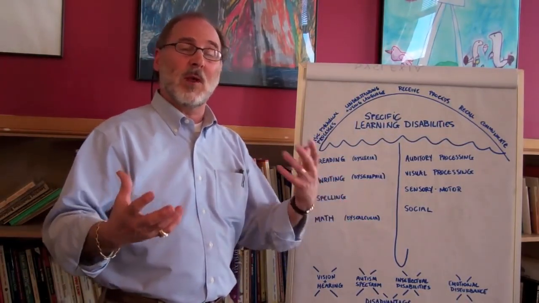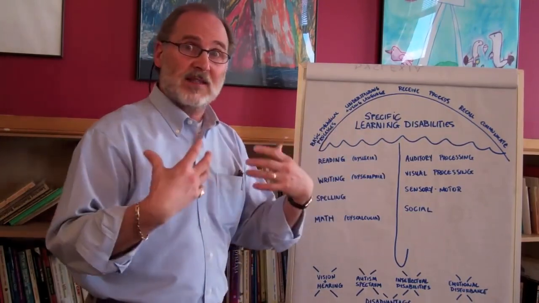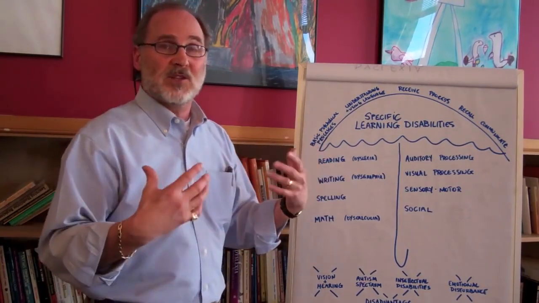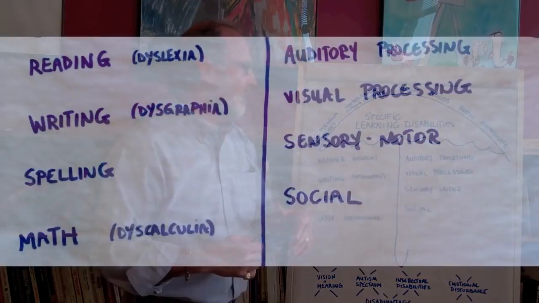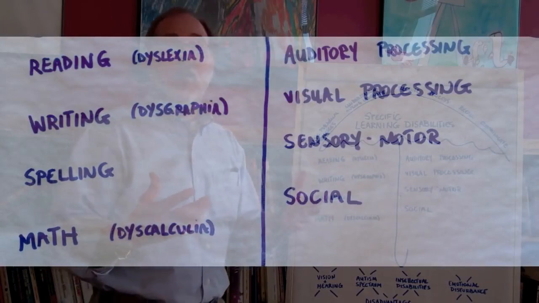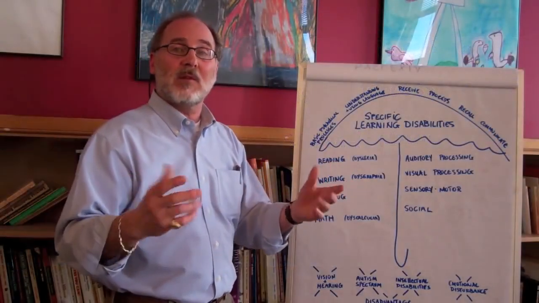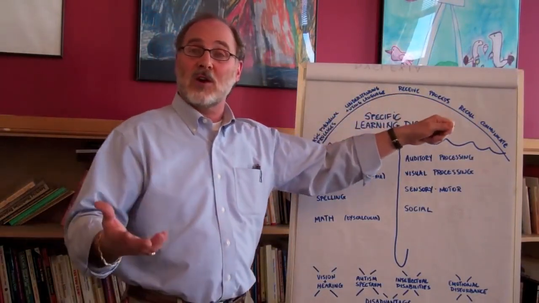Learning disabilities are also impacted by the ways that we process information, the way we listen, the way we view things, the way we organize new information as it comes in to us through our senses, through our ears, through our eyes, through our touch, through any number of sensory processes. So in the auditory processing domain, there are children who have very strong preferences, for example, to have information presented to them verbally, the way I'm speaking, but would have a terrible time if they were in a classroom and the teacher was just writing on the board and not talking out loud.